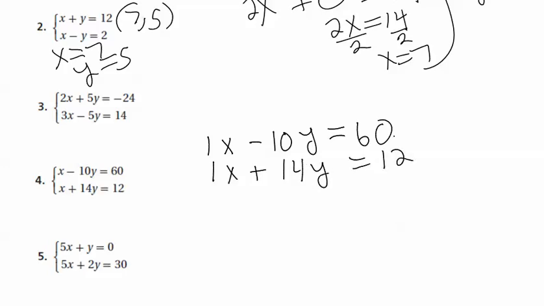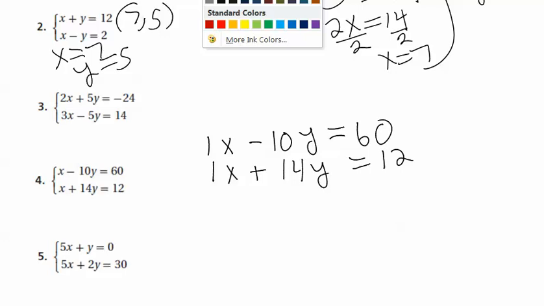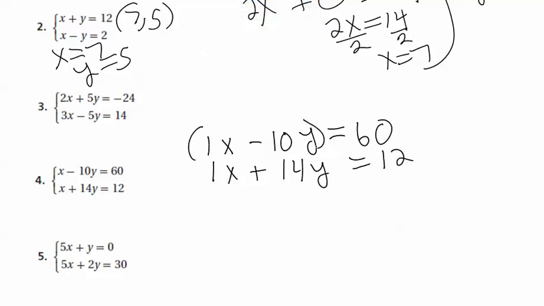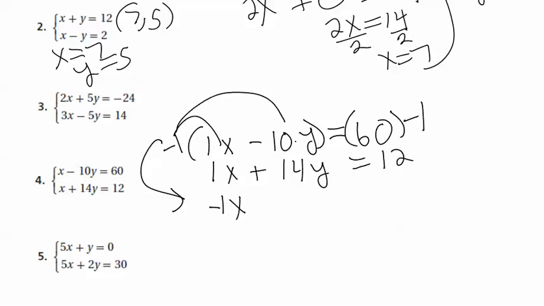However, it would be easy to set this up for elimination because I could multiply either the top equation or the bottom equation by a negative 1. If I did that, I'd have negative 1 times 1x, that's negative 1x. I'd have negative 1 times negative 10y, which would be plus 10y. And I'd have negative 1 times 60, which equals negative 60.